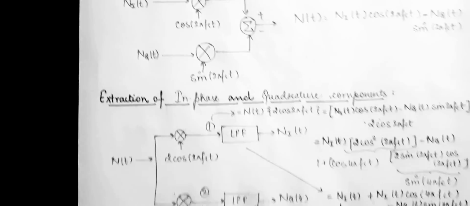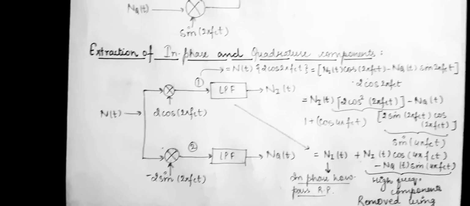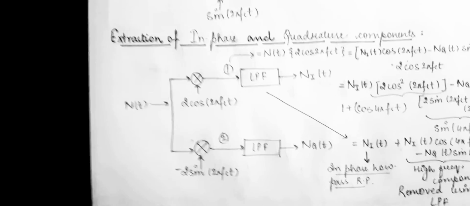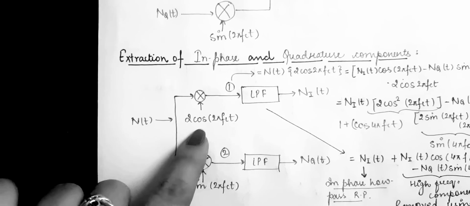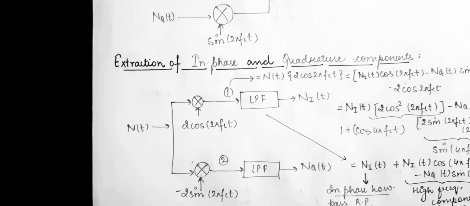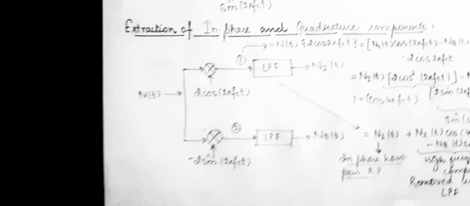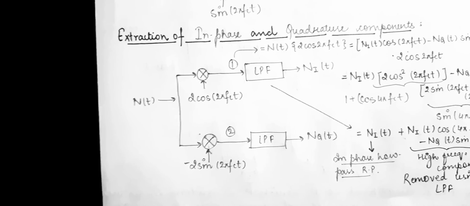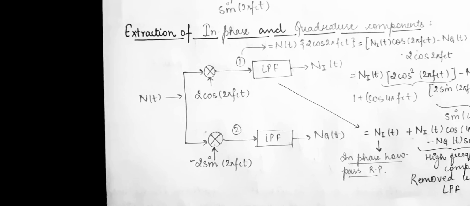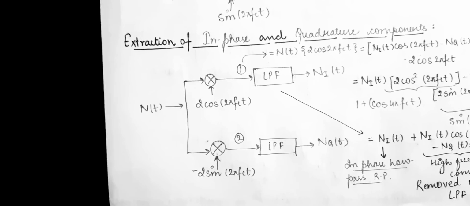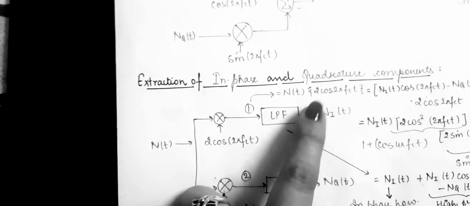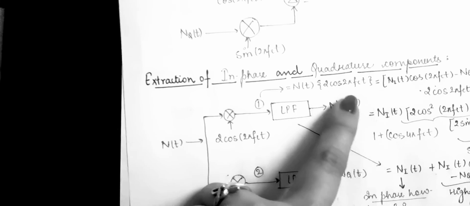Now coming to the extraction of the in-phase and quadrature components. Here we have taken N(t). The in-phase branch is multiplied with 2 cos 2 pi fc t, while the quadrature branch is multiplied with minus 2 sine 2 pi fc t. Each is followed by a low pass filter. At the output of the first branch we get N(t) times 2 cos 2 pi fc t.